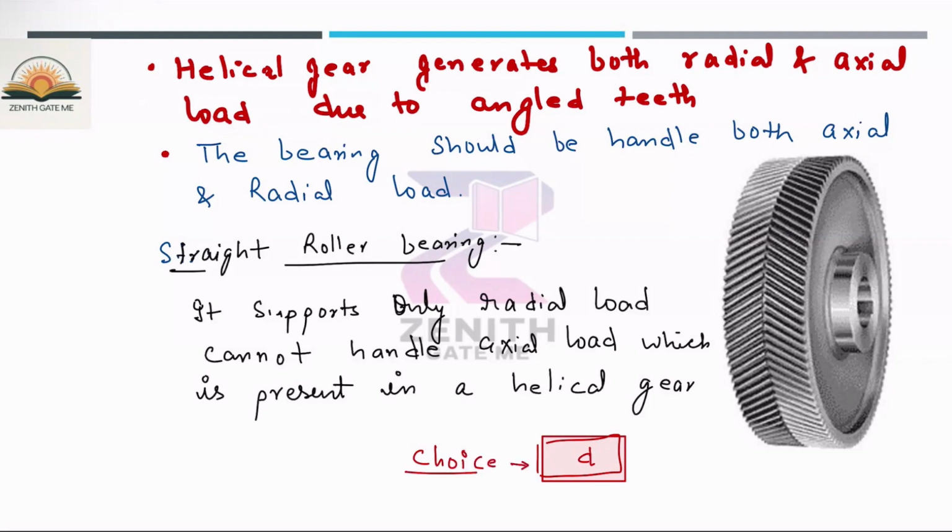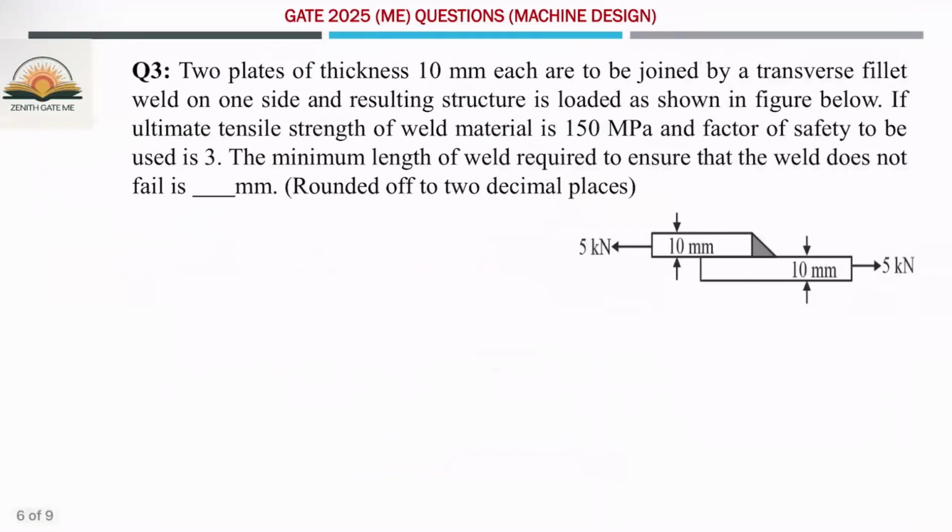Okay. Now, one more question, from the welded joint. Two plates of thickness 10 mm each are to be joined by a transverse fillet weld on one side, and the resulting structure is loaded as shown in the figure. Okay. So these two plates are welded at this point, and they are subjected to a load of 5 kilonewton.